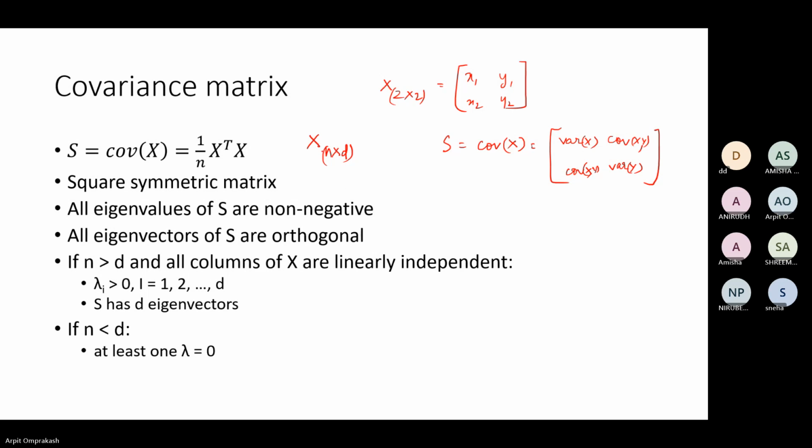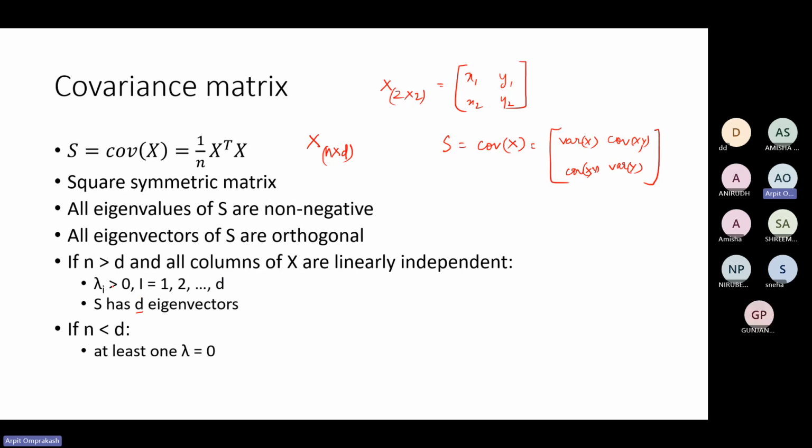Then this covariance matrix S will have d eigenvectors. So d is the number of variables. So it will have d eigenvectors, which will have eigenvalues lambda 1, lambda 2, lambda 3 till lambda d, which are all non-negative, greater than 0, right?